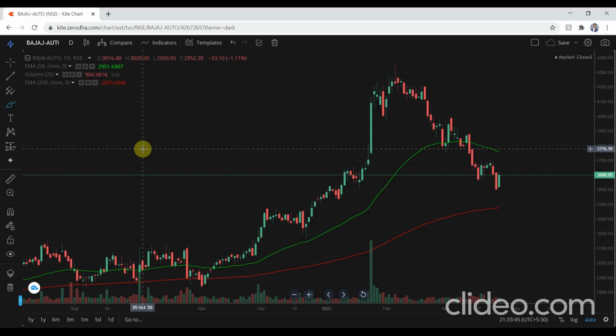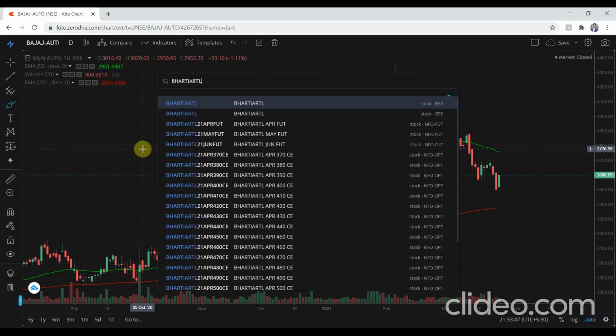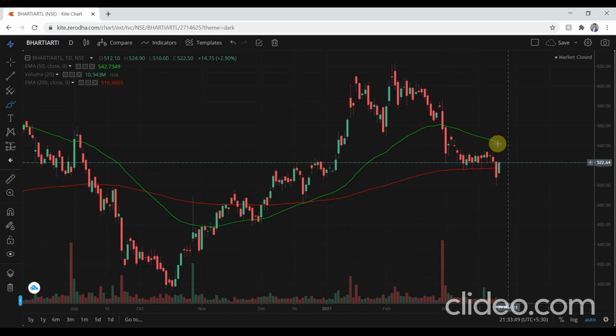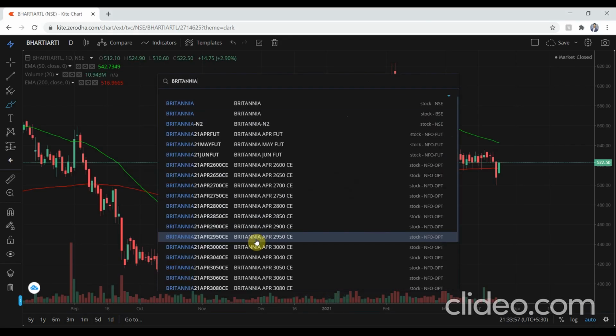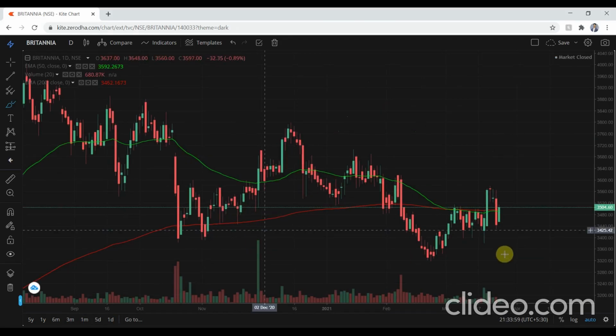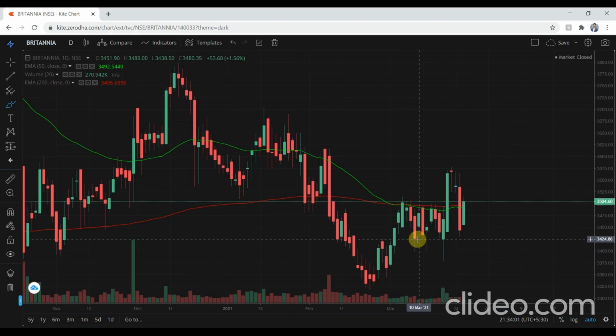Next one is Bharti Airtel. Okay, so it's well above, so no need. Next is Britannia. Okay, so Britannia has just crossed the 50 and 200 EMA.